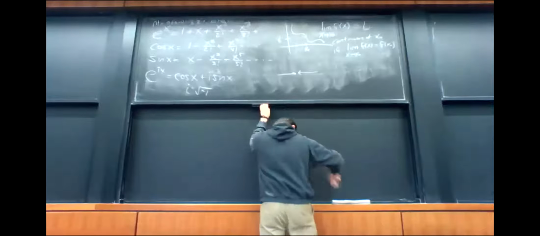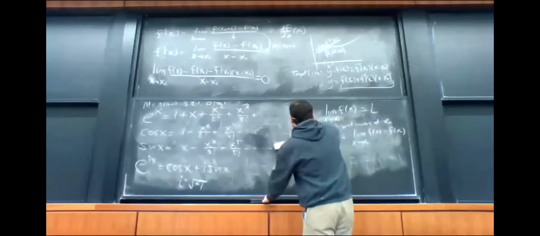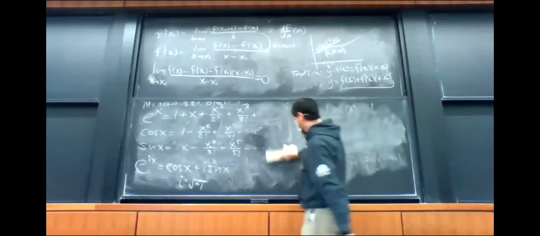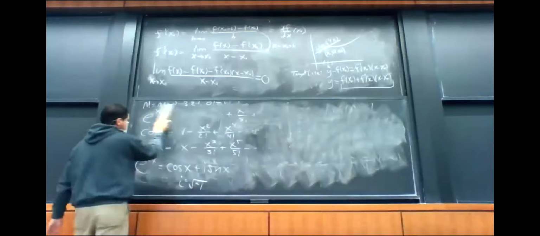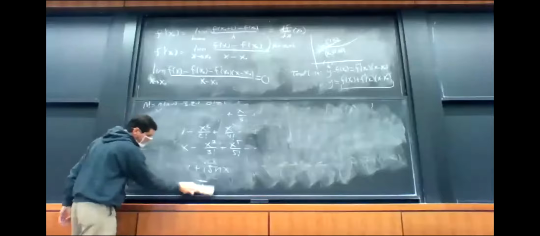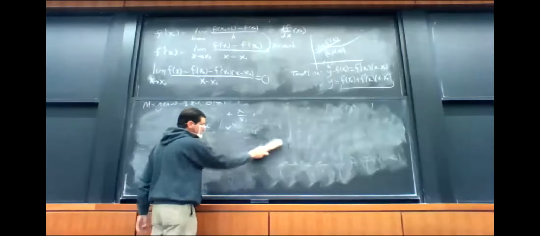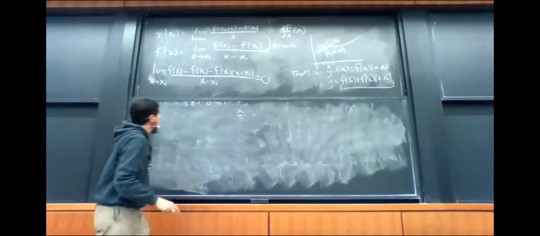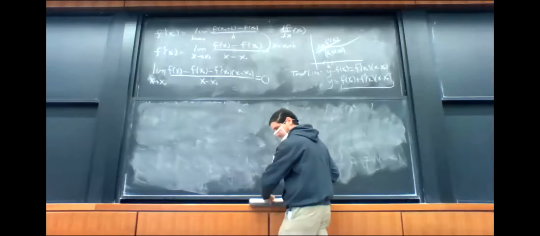So what I want to do now is write down the definition of partial derivative. For partial derivatives, we basically pretend all the other variables are constant. Only one variable is allowed to change at a time.